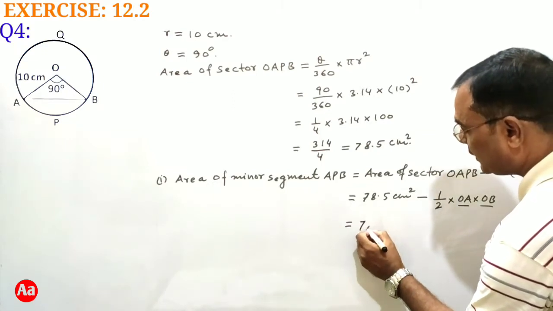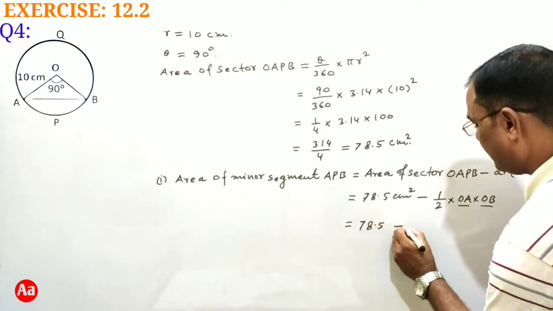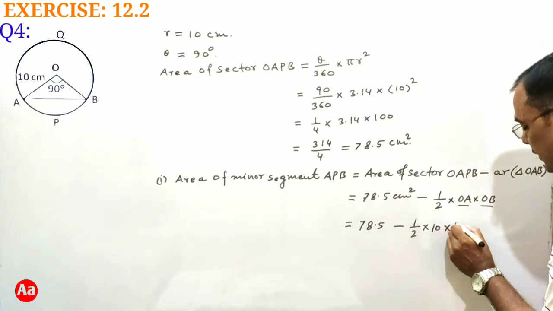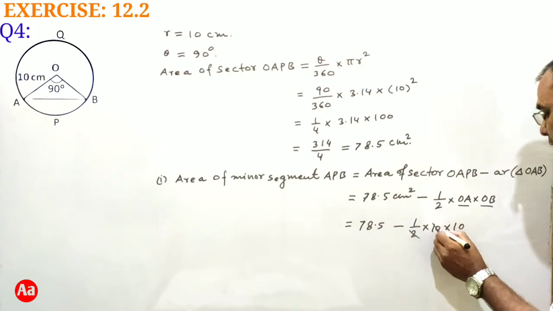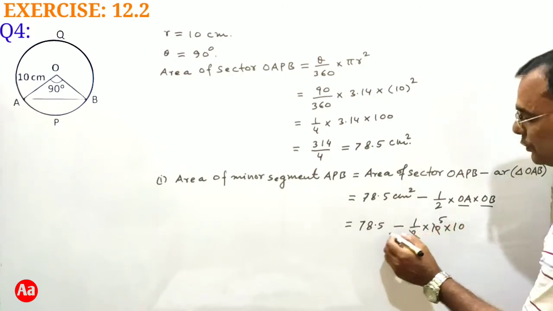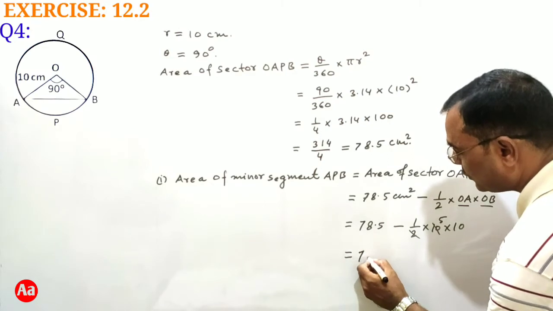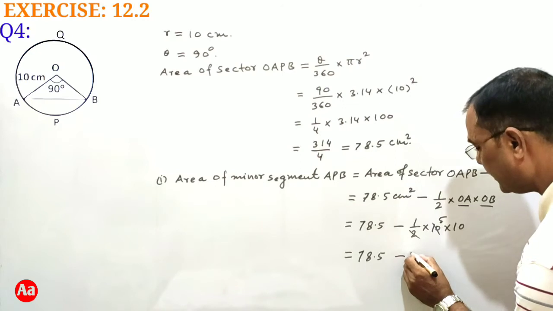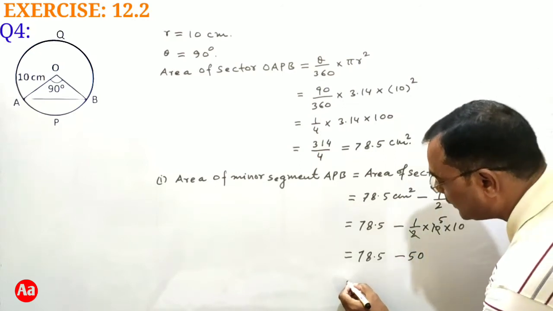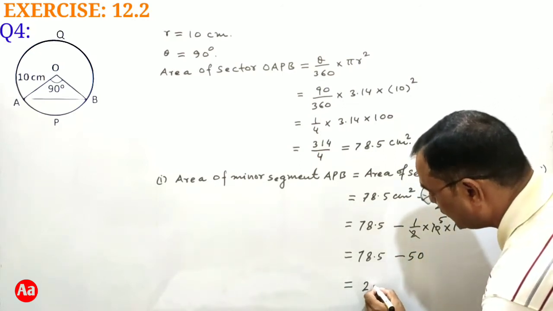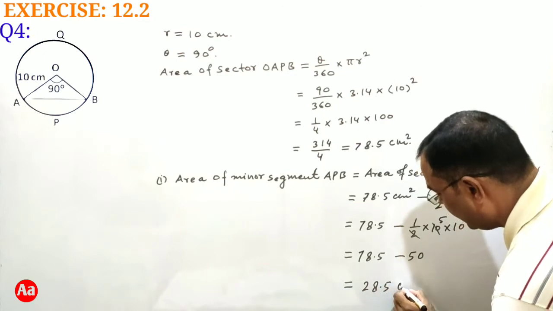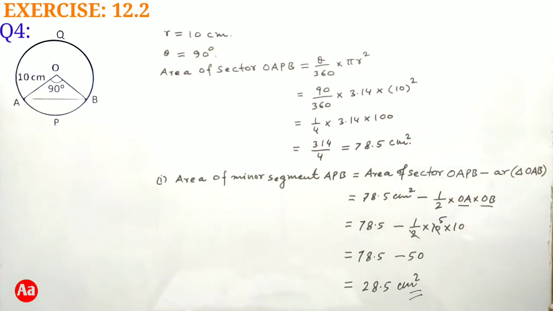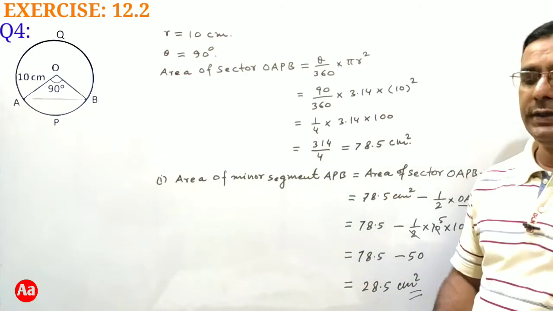So 78.5 minus half into 10 centimeter into 10 centimeter, 2 fives are 10, 5 into 10 is 50. So 78.5 centimeter square minus 50 centimeter square is equal to 28.5 centimeter square, and this is the area of minor segment APB in the figure.